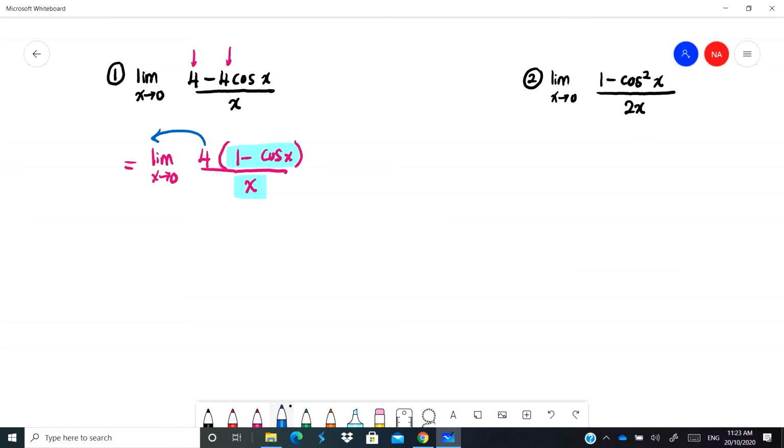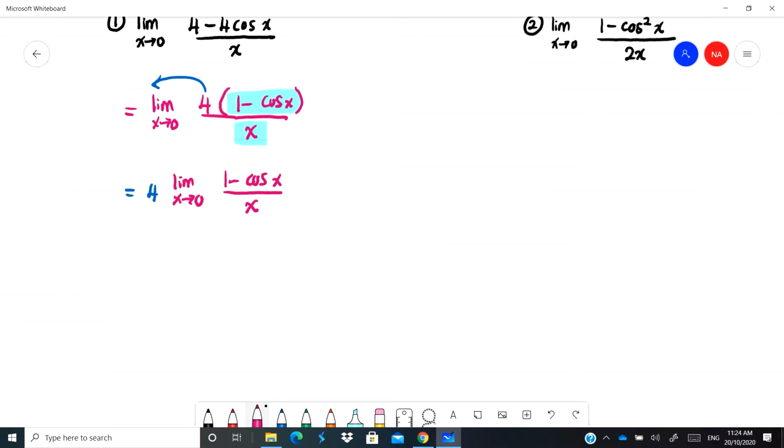So we have 4 times the limit as x approaches 0 of 1 minus cos x over x. We know this part is given by the squeezing theorem, where the value is 0. So 4 multiplied by 0 gives 0 as the final answer.